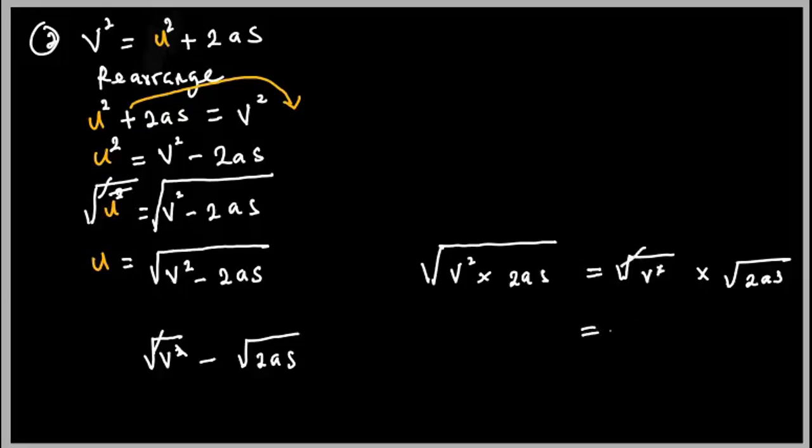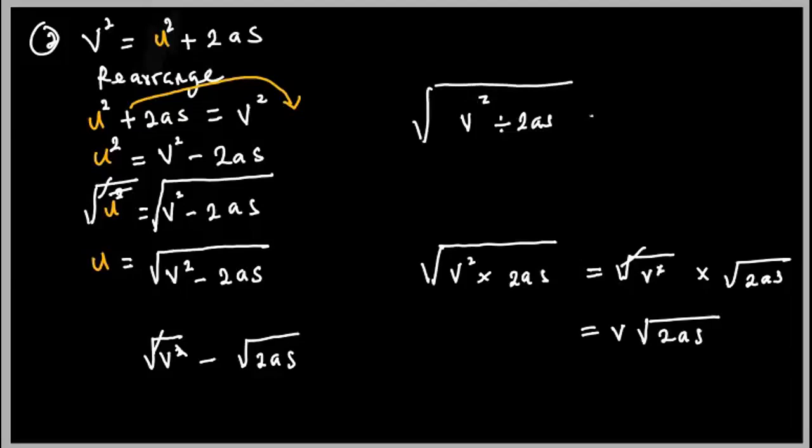Then my answer becomes V root 2AS. You can do the same while dividing. We have V squared divided by 2AS, all under the square root.